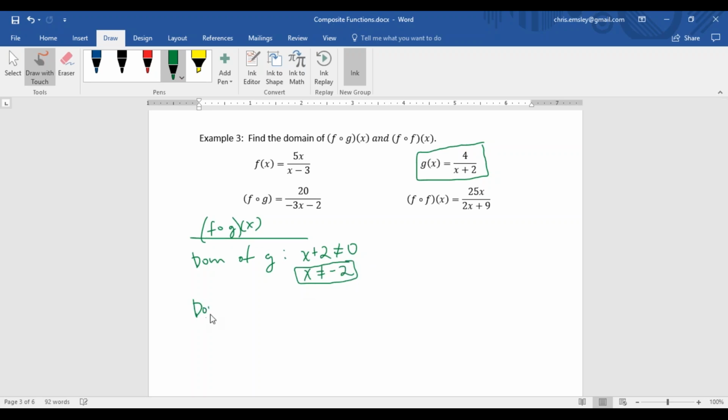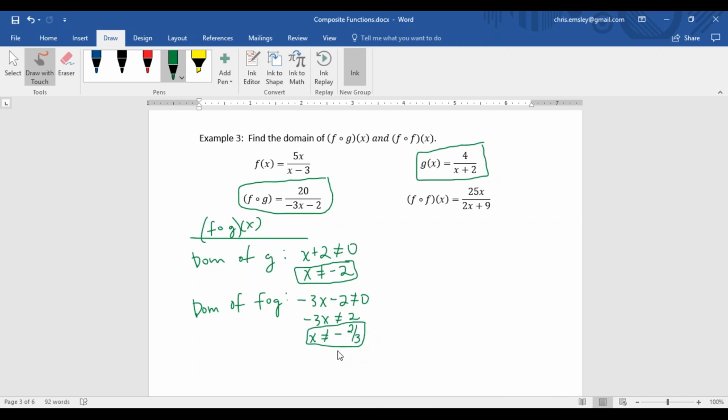And we also need to consider the domain of the composite that we calculated. And that one's right up here. Again, another rational function, so the denominator cannot be equal to 0. So we'll move that 2 over. Divide both sides by negative 3. We found out that x cannot be negative 2/3. Okay, so we have to put both of these restrictions together.